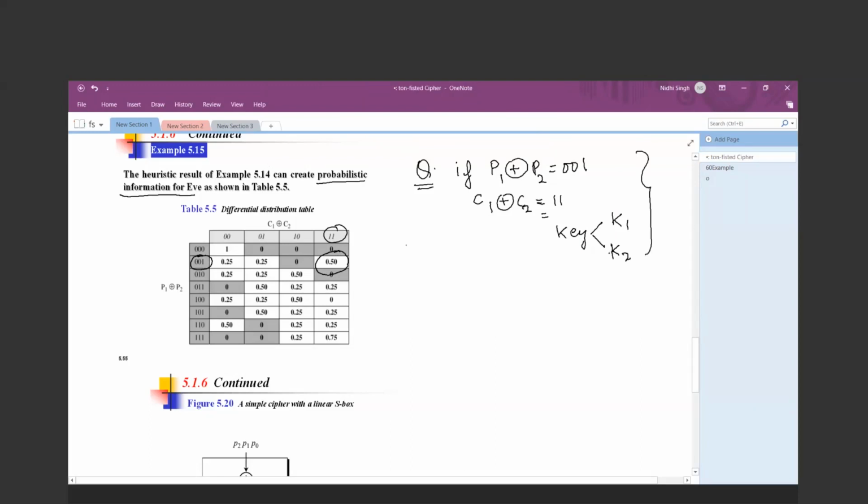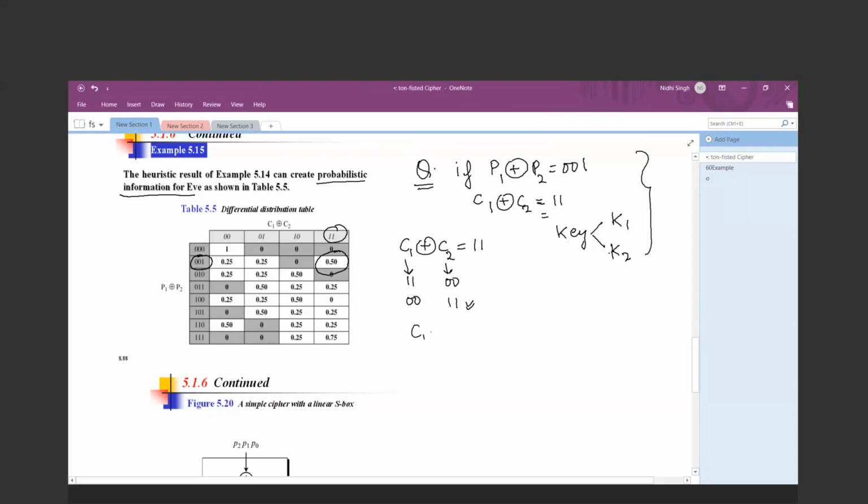Okay. So C1 XOR C2. Now you are the attacker. First you have to analyze what will be the perfect combination of C1 and C2 such that the answer will be 1 1. In my case, I am taking 1 1 as a C1 value and C2 as 0 0, or you can take 0 0 as a C1 value and 1 1 as a C2 value. So let me take the second one.